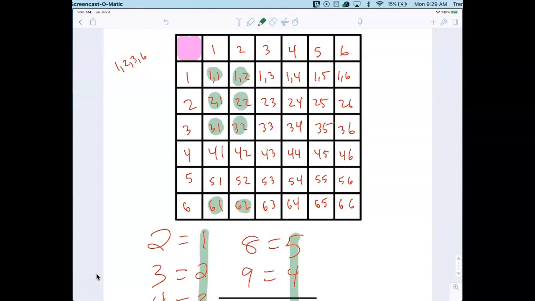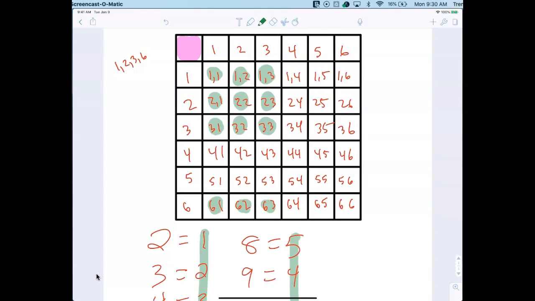I'm looking for the factors of 6 on both dice. The factors of 6 have to be on both dice. So now I'm looking here. Does that work? Does this work? Does the next one? Yes. Now, what about anything with a 4?